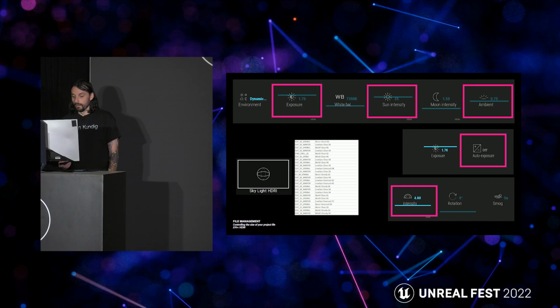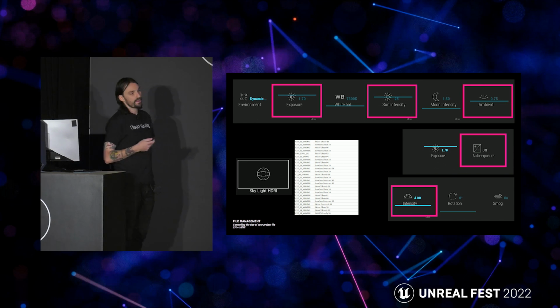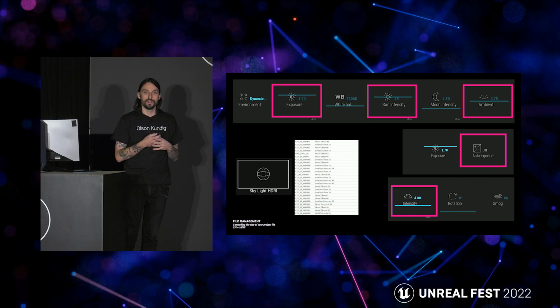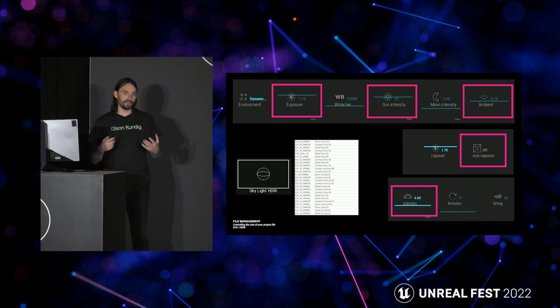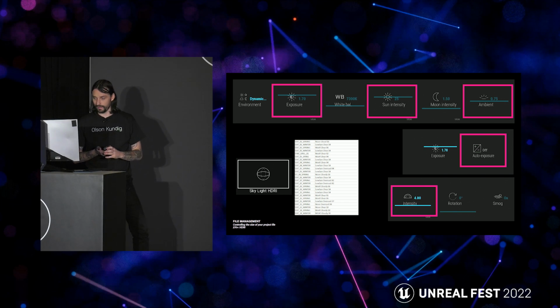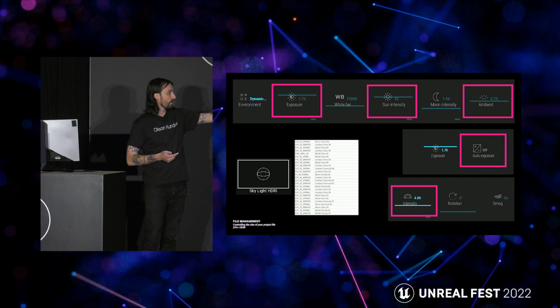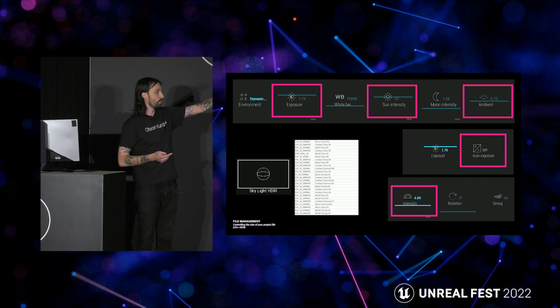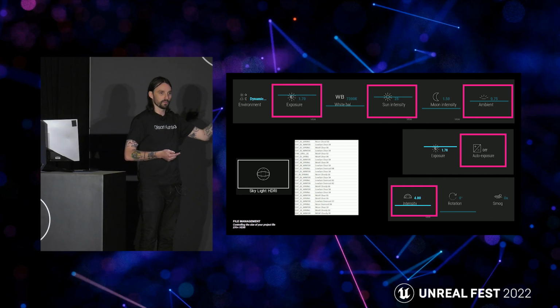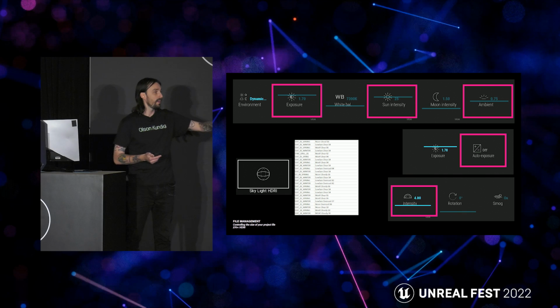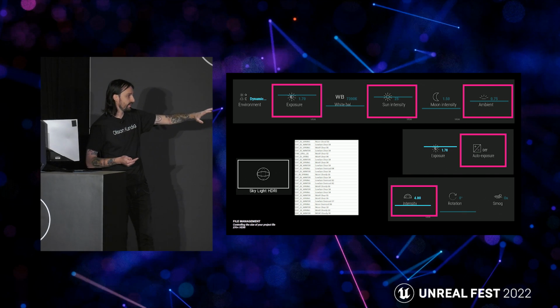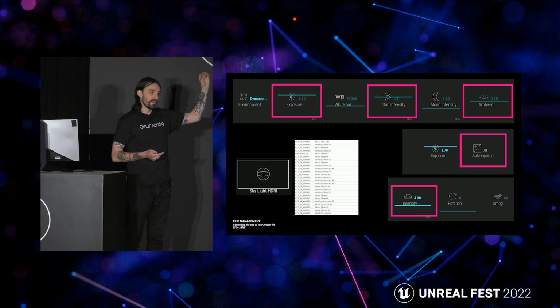But when you do get into the world of HDRIs and you add them to your scene, you drag and drop it in, and you notice the change, and you might think that's what it's supposed to look like, but it's not. And I think it took me a little while to learn that every single one of these parameters per HDRI needs to work together to get it to what it's supposed to look like, or what you really want it to look like. I always turn auto exposure off, so I can control that very slightly.